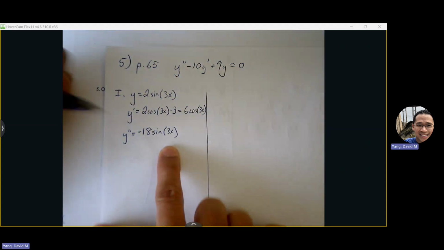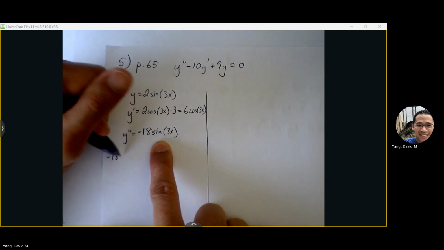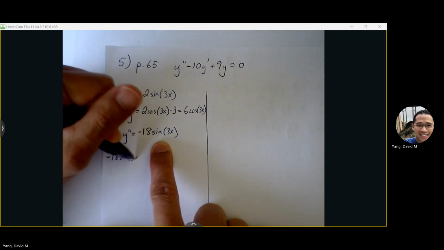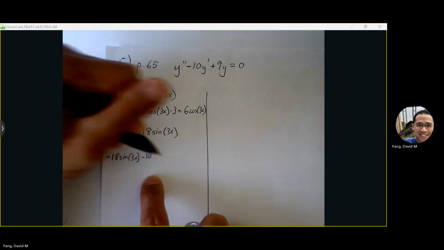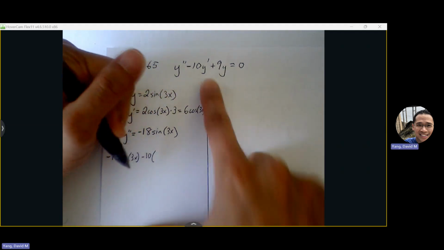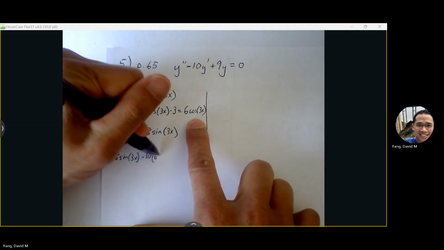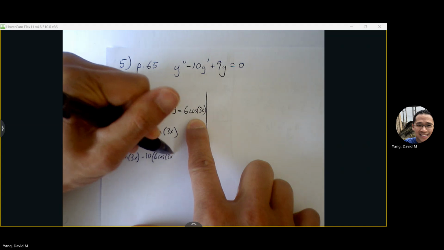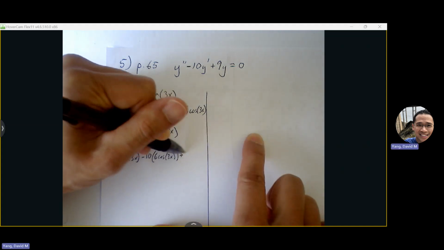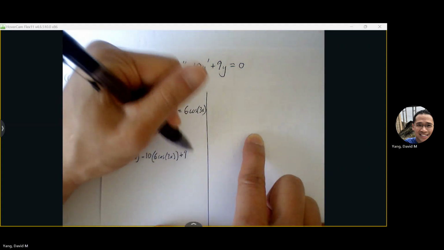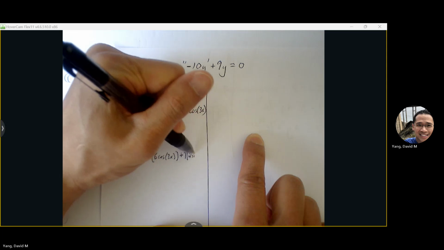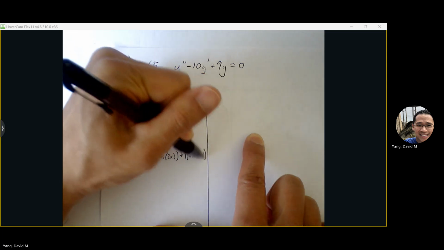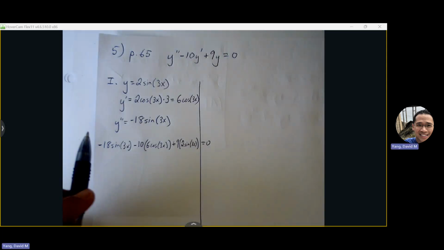So y double prime first, minus 10 times y prime plus 9 times y equals 0. Is that a true statement here?